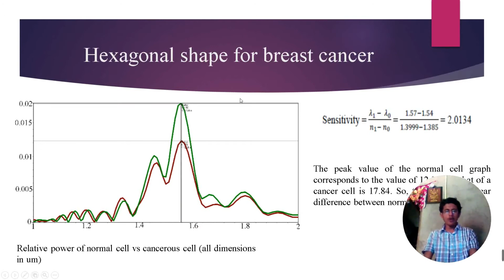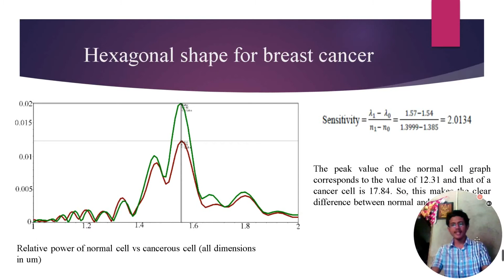By careful observation of these graphs, we can say that the peak value of the normal cell graph corresponds to 12.31 and that of the cancer cell is 17.84. This makes a clear difference between the normal cell and the cancerous cell.